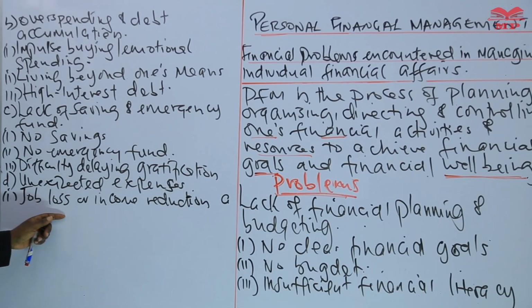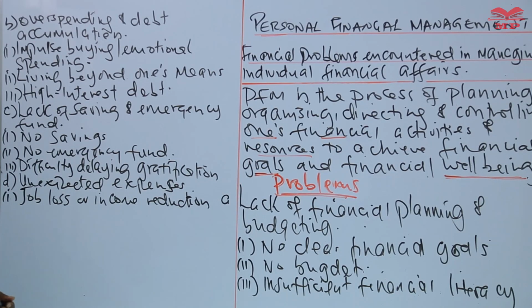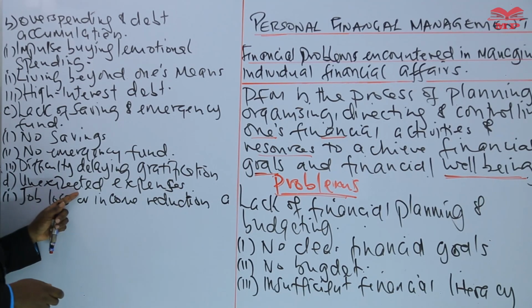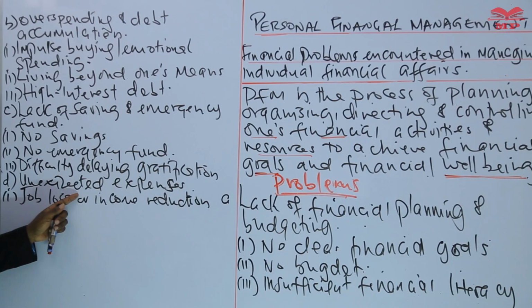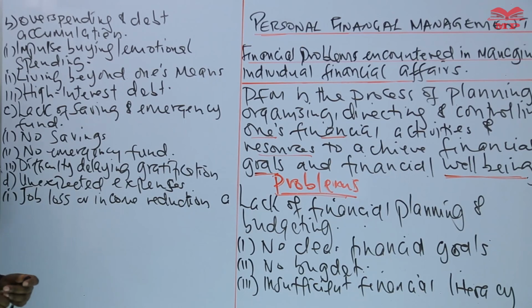Losing a job is an unexpected event. Losing income can significantly impact an individual's ability to meet financial obligations.